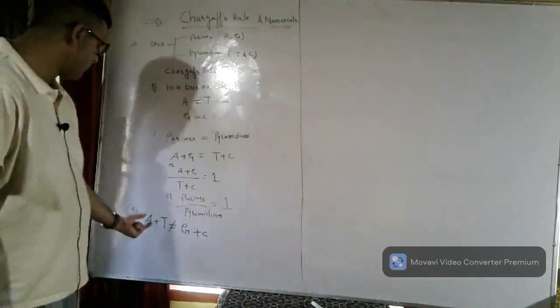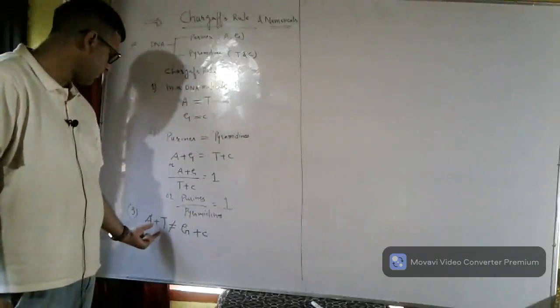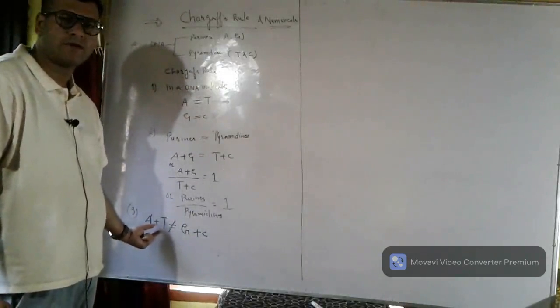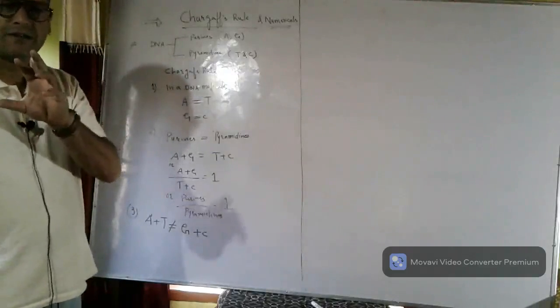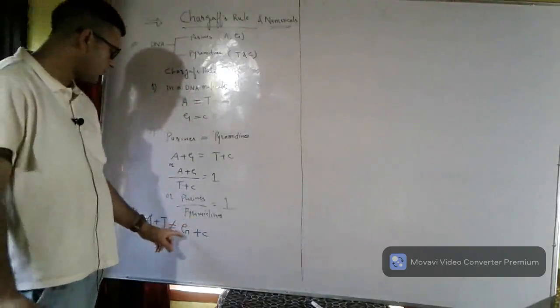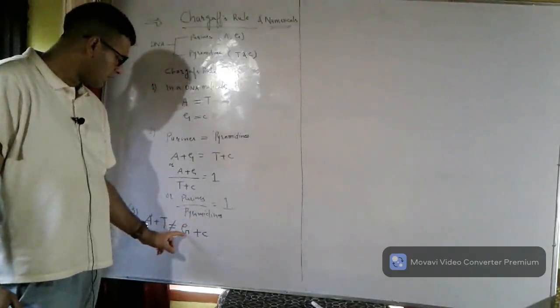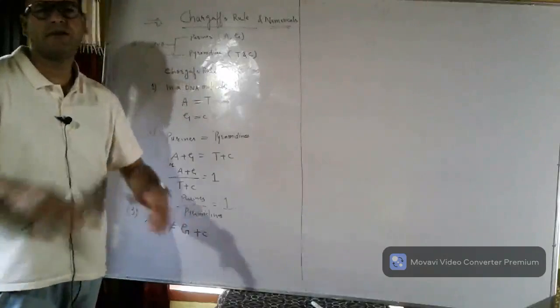For example, if we have 20 base pairs of adenine-thymine in that DNA molecule, it is not essential that there would be 20 base pairs of guanine-cytosine. No, it may vary.